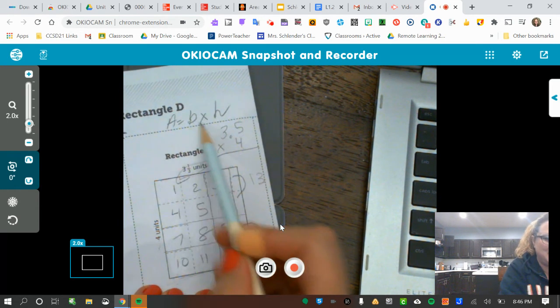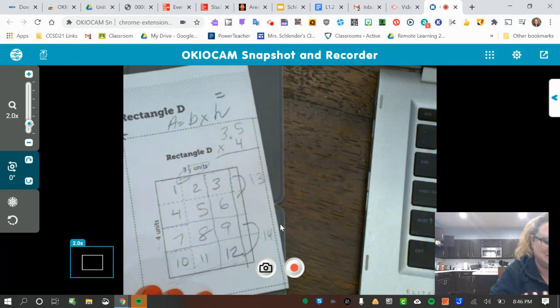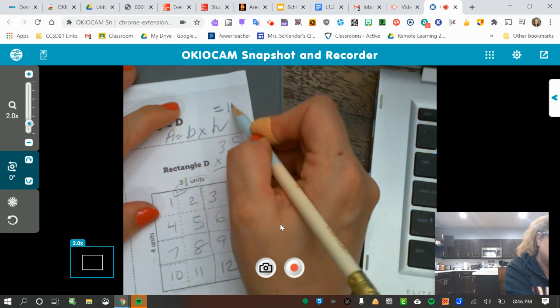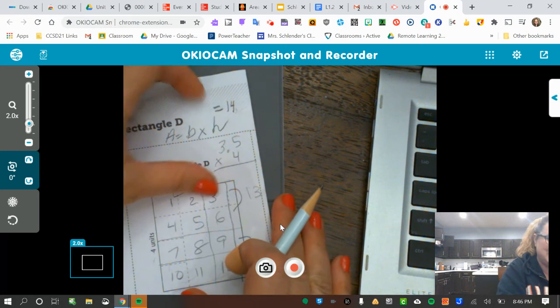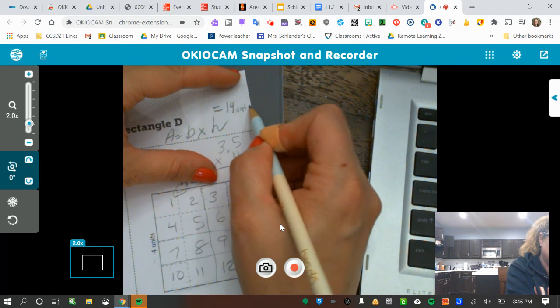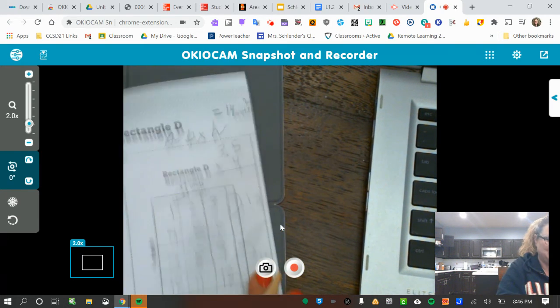So the area of rectangle D is 14, and you can write it one of two ways. Remember, you can do units squared. I'm going to do it up here so you can see it.